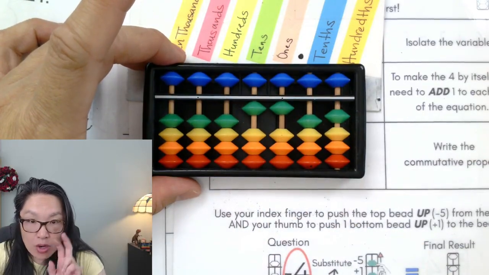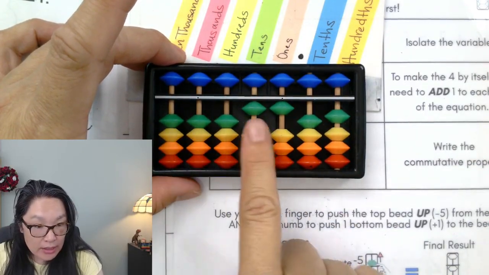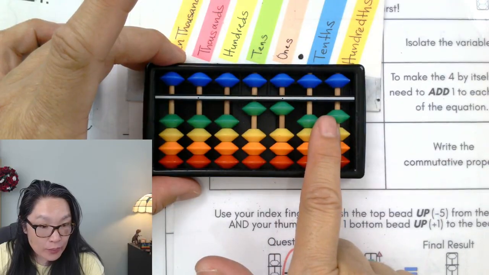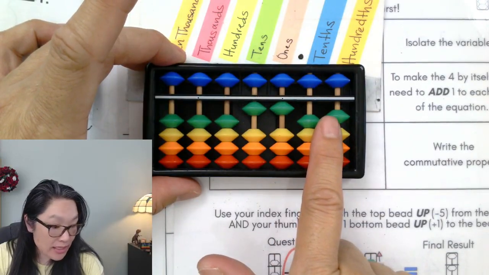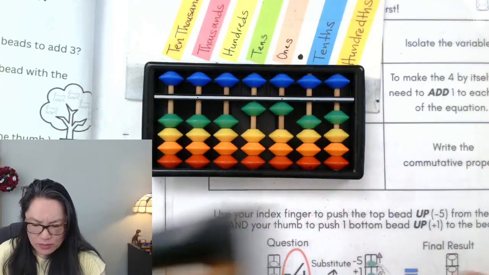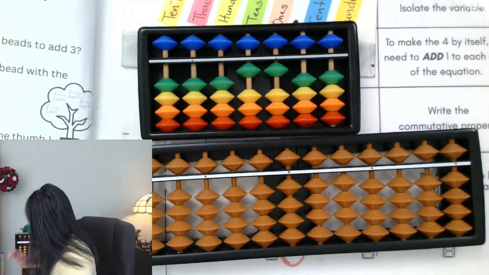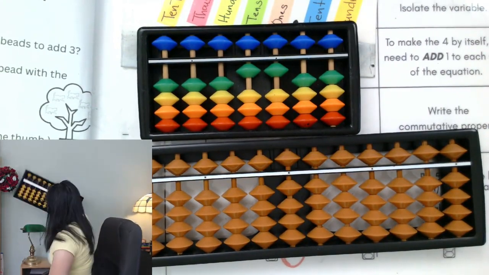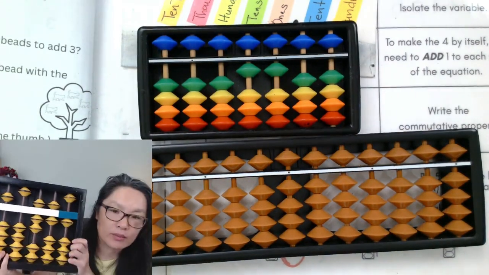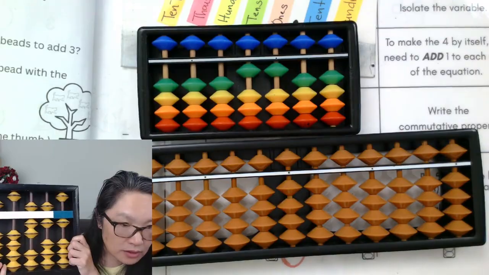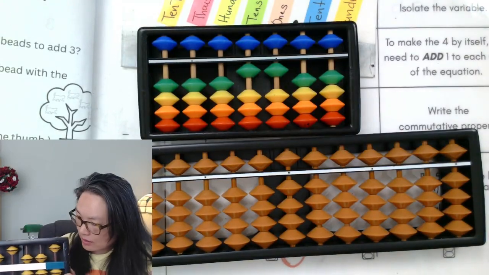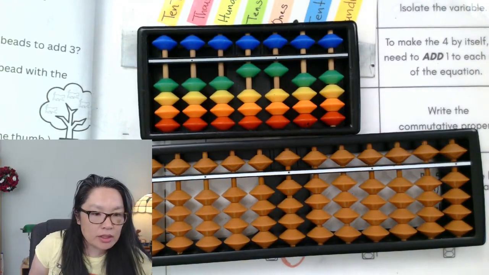Now, the way we read the abacus, what about the big abacus? You can get it at Daiso. This one? Or are you talking about the big one? Yanni, did that make sense? I just want to make sure you understood.